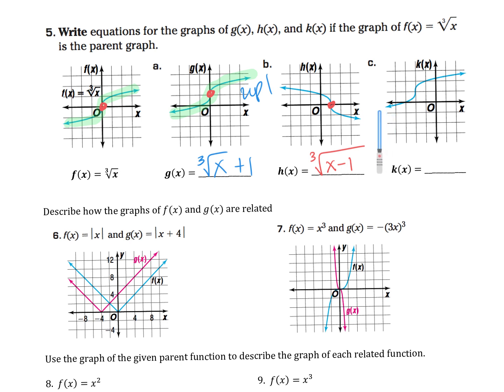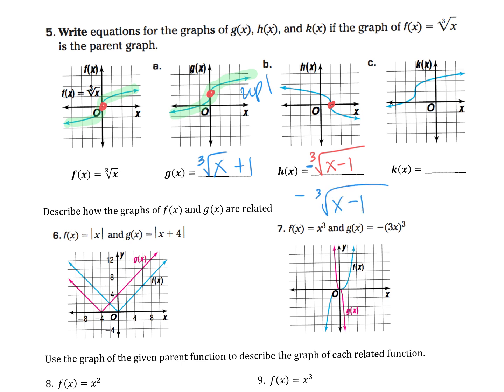Any ideas? Whenever we've got to change the direction, instead of it going up from left to right, if it's going down, we just need to negate the whole thing. So I'm going to throw a negative right out front. A negative cube root. Technically, my little negative should just be out front. Negative cube root of x minus 1. That's how I'd write that.